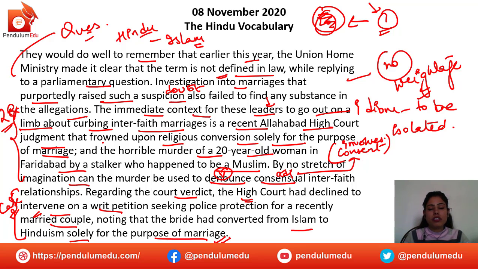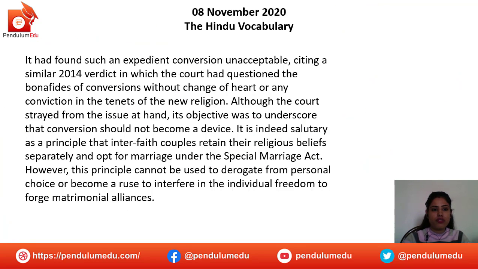So there was police protection asked for, and there was a petition filed against her, and the High Court denied to interfere or to intervene or to be a part of this particular case, when the girl vouches that she did it just for the purpose of marriage.